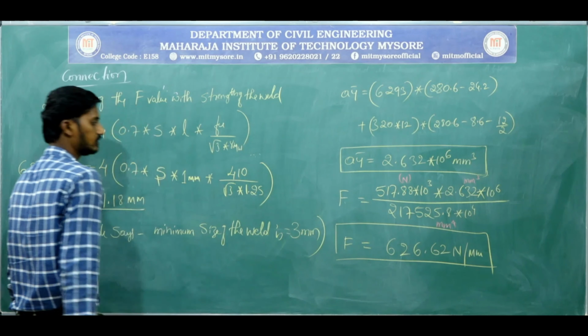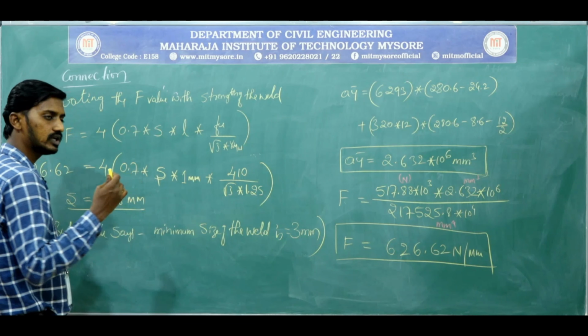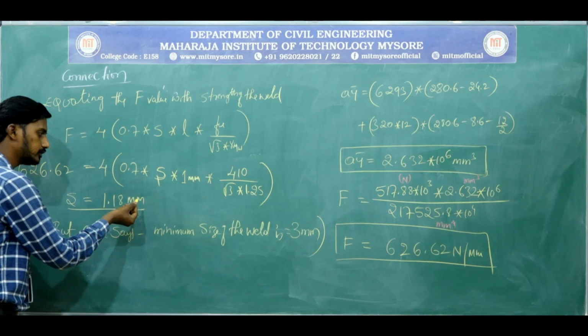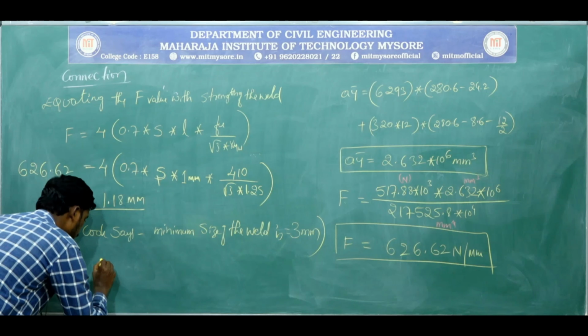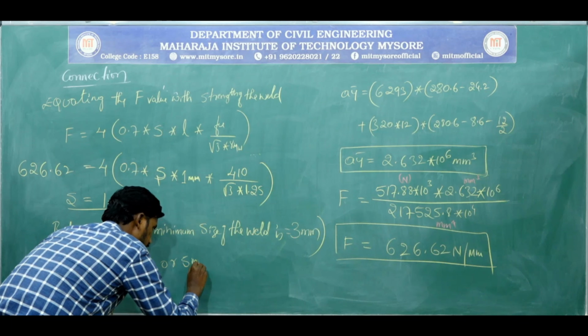Minimum size of the weld is 3 millimeter. So we cannot go below 3 millimeter even though we got 1.18. We can stick to the minimum size of the weld, that S is equal to 3 millimeter or 5 millimeter even.